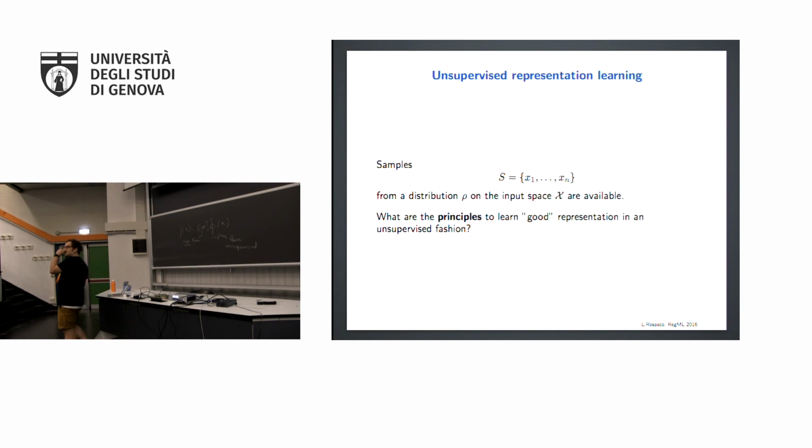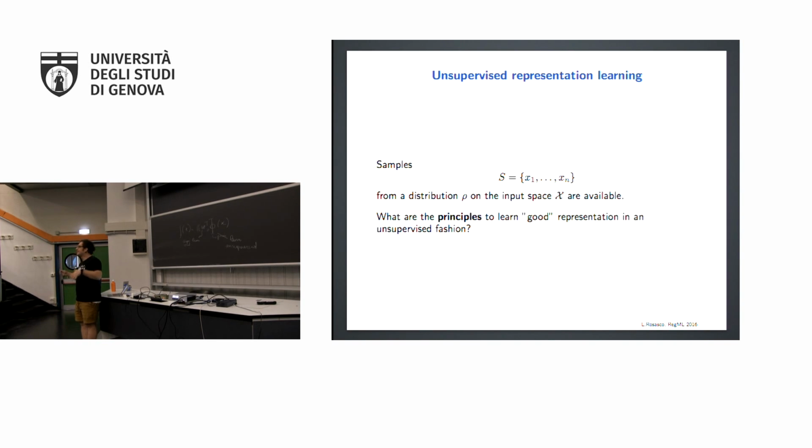If you ask yourself what could be principles, what could be a good representation in the absence of labels, what could you say? So I just give you the data, and you don't know what kind of labels you're going to get later on.